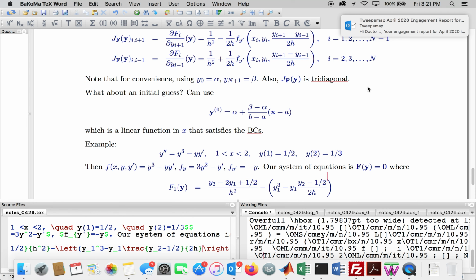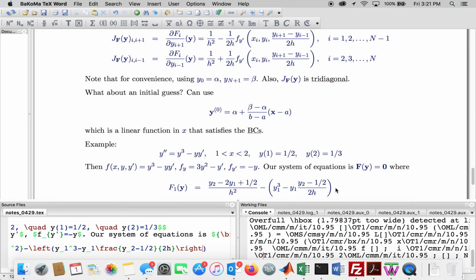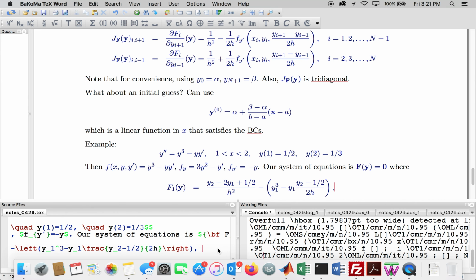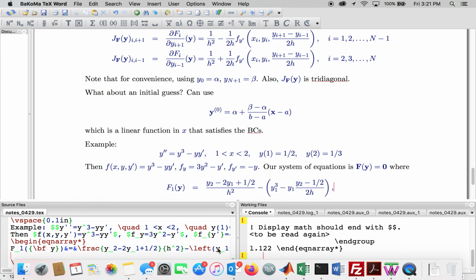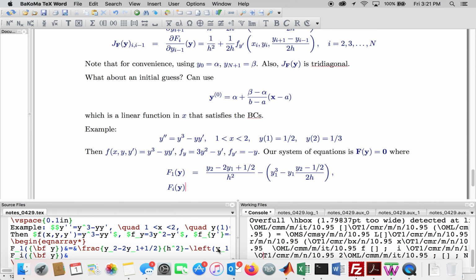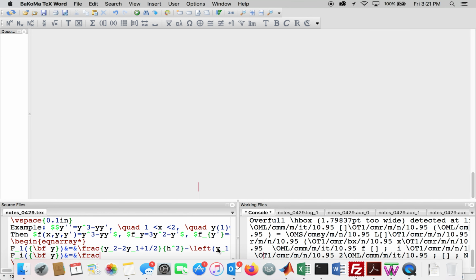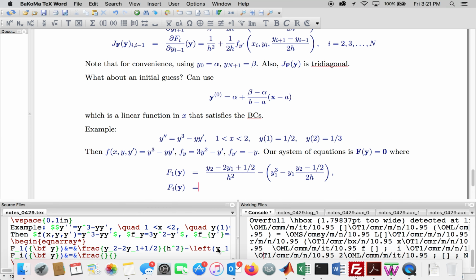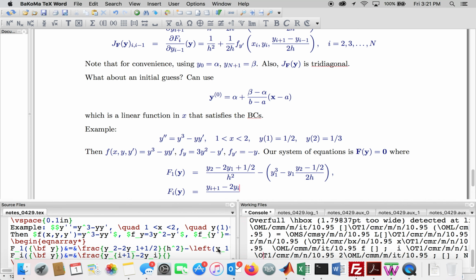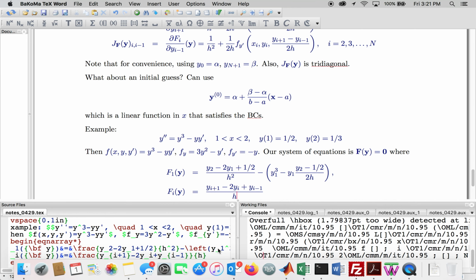Okay. Now, so that's the first equation. And then the interior equations would be y i plus 1 minus 2yi plus yi minus 1 all over h squared.